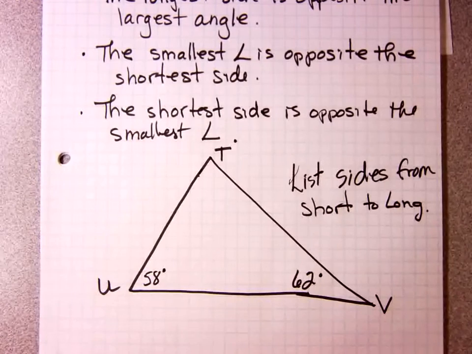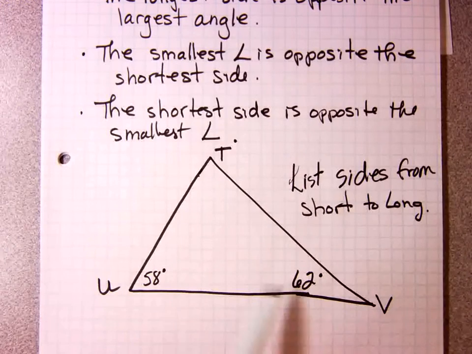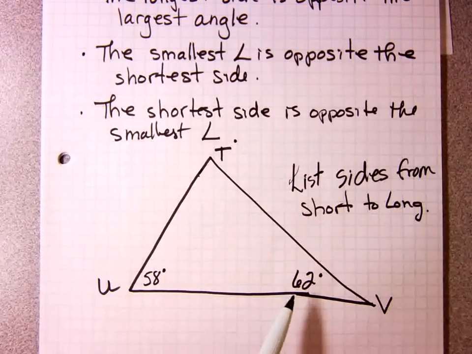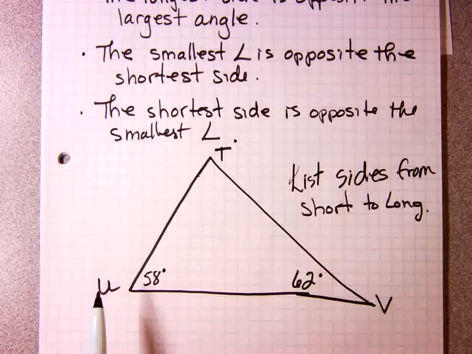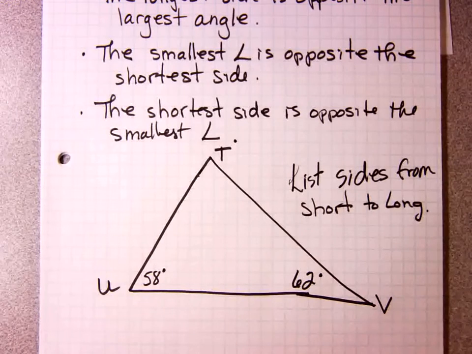So before we can do that, let's examine the triangle. So we have 58, 62, and we don't know this one. In order to list the sides from short to long, we have to know which is the smallest, which is the middle, and which is the largest angle. So first thing we have to do is calculate what is angle T.